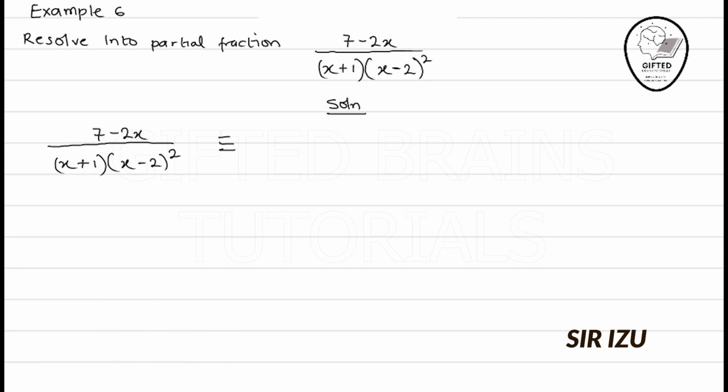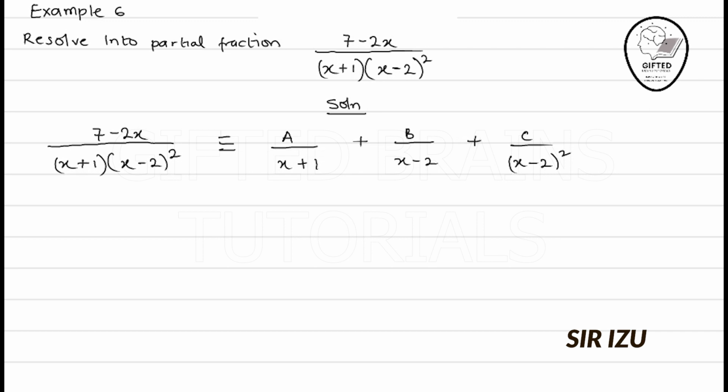We will write it as A all over x plus 1. And then again, I'm seeing a repeated linear factor. Remember, how do we do this? It will be B over x minus 2 first plus C over x minus 2 all squared. Yes, because of the rule number 4.